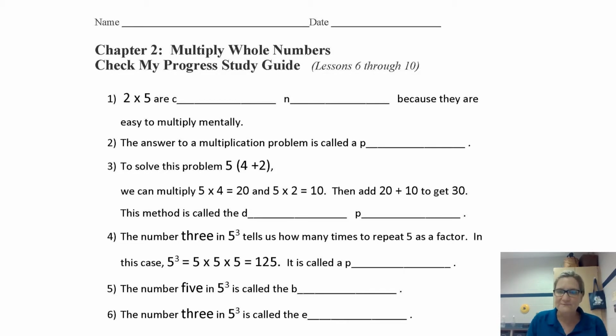Okay, here we go. Question number 1. 2 times 5 are blank blank because they are easy to multiply mentally. Well, they are called compatible numbers.